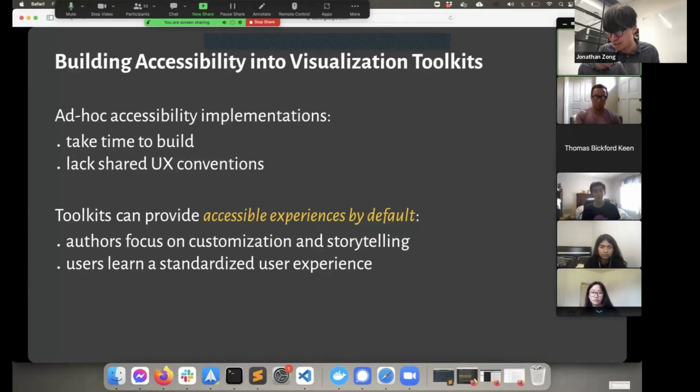And then if we build these accessible user experiences into toolkits that get reused across different websites, users can learn a more standardized user experience that's the same across every visualization built using the same tool.